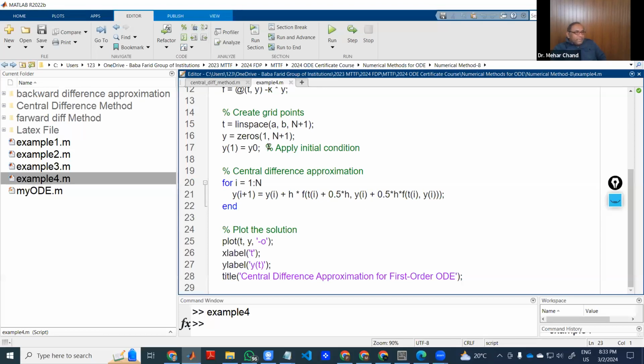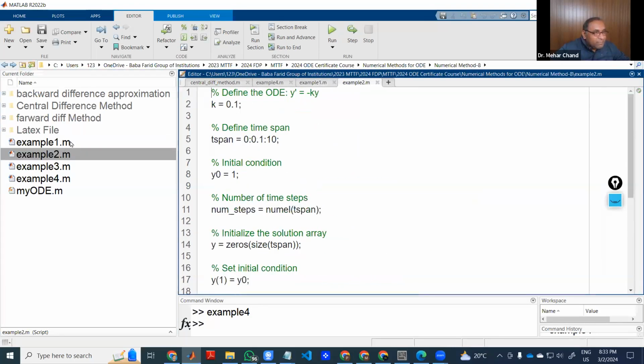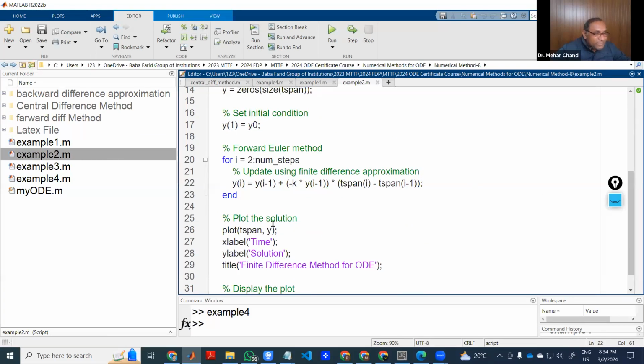Now, there are some more examples for using the central difference, but they require some time to convert the equations. You can see here is also the central difference, but the way is different. When you try the first and second example, you need some more effort to implement them.